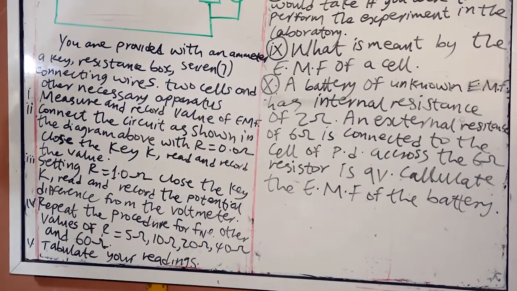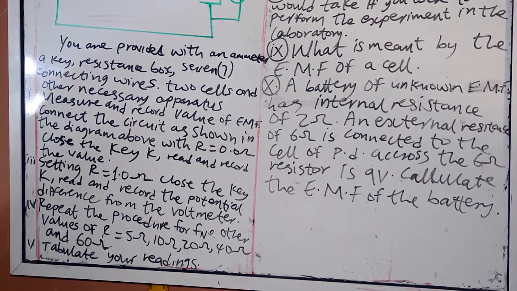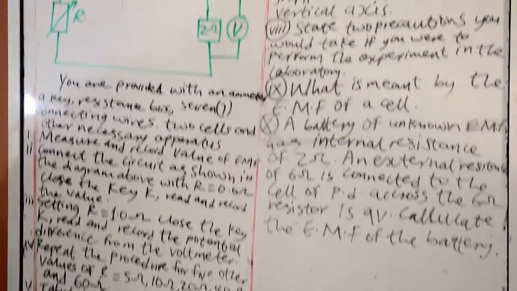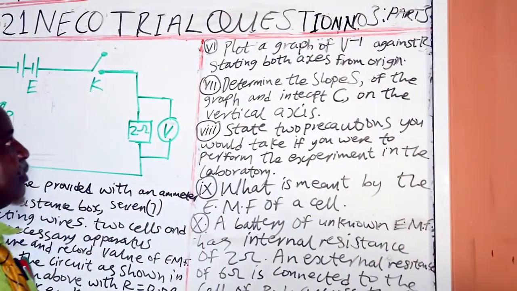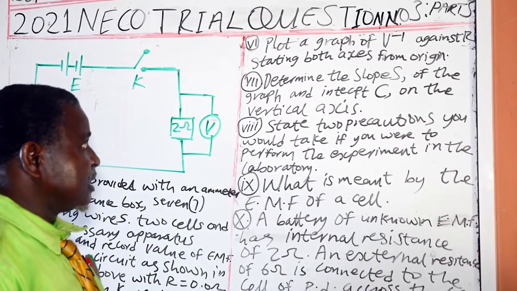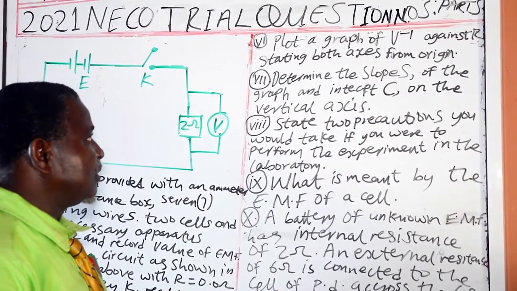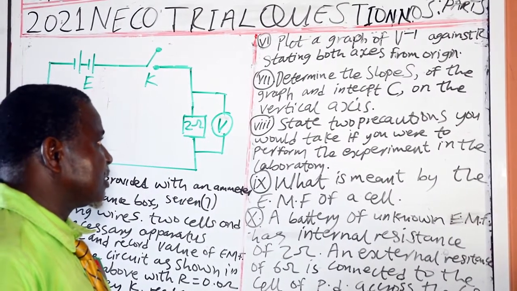Repeat the procedure for 5 other values of R: 5 ohm, 10 ohm, 20 ohm, 40 ohm, and 60 ohm. Calculate the inverse of your readings. Plot a graph of 1/V against R, starting both axes from the origin. Determine the slope S of the graph and the intercept C on the vertical axis.